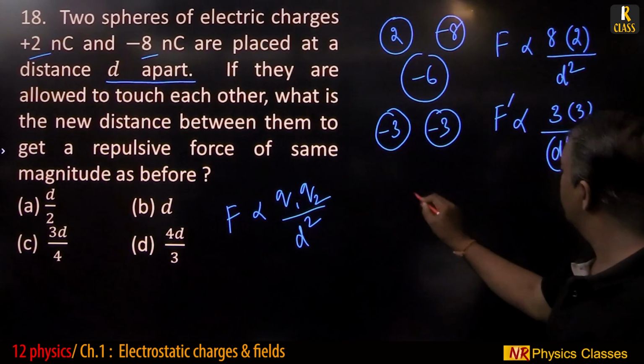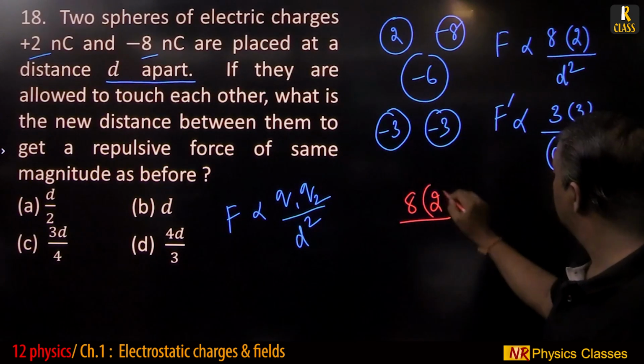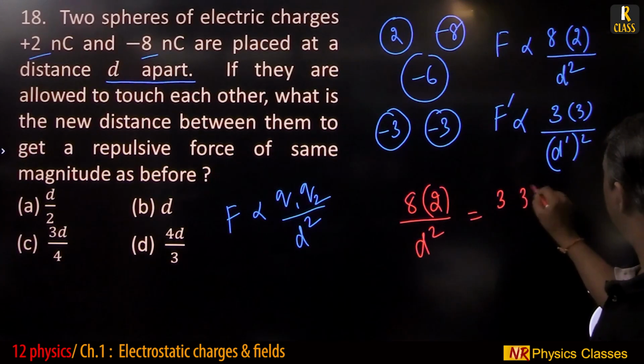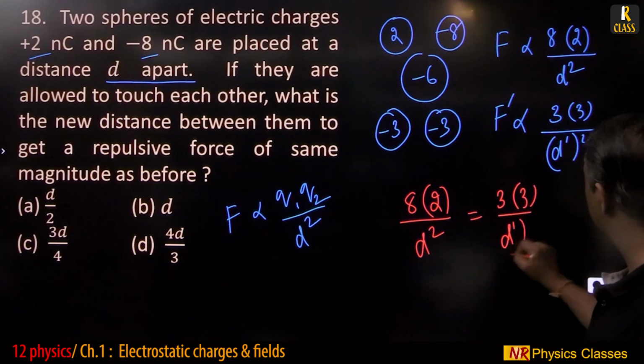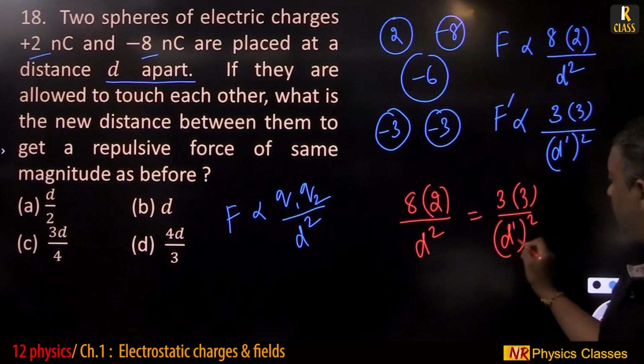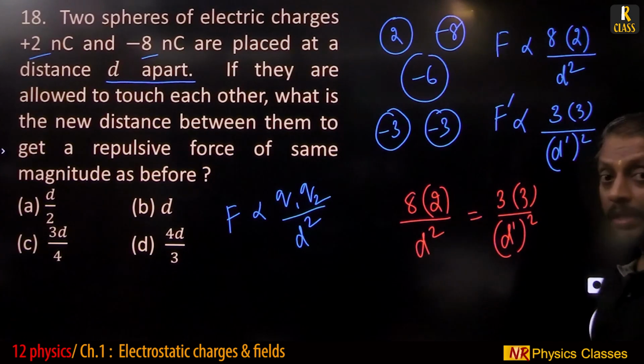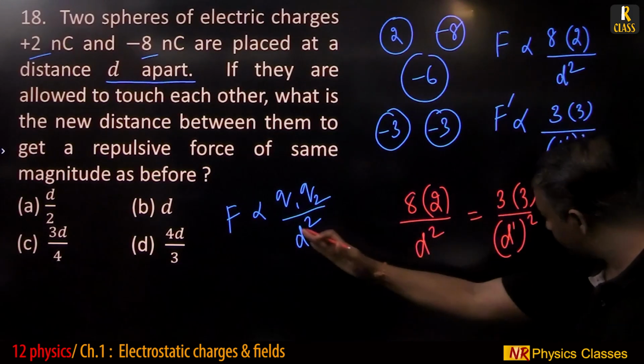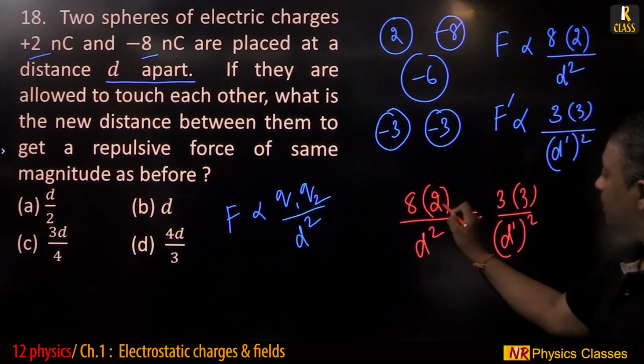8 into 2 by d square is equal to 3 into 3 by d dash square. We have to find this distance after. Observe numbers carefully. There is square. So take square root. 8 into 2, 16.